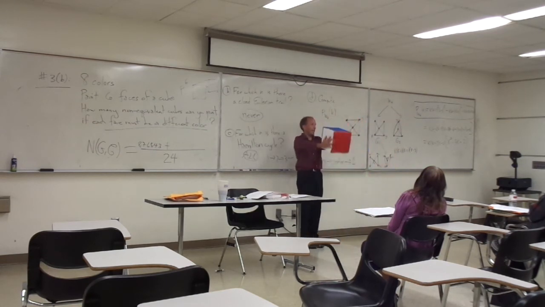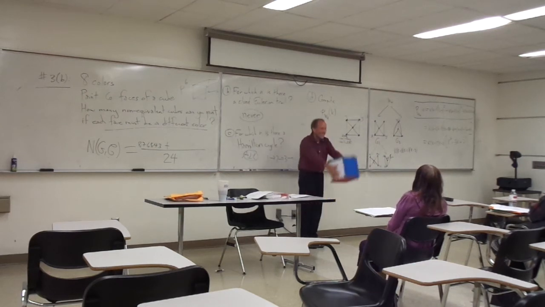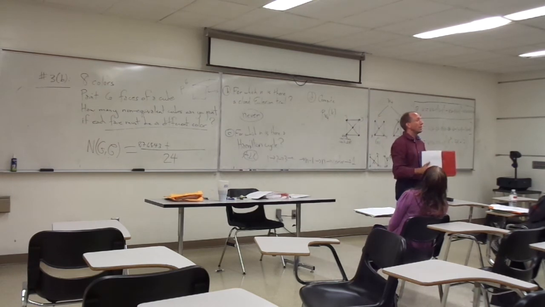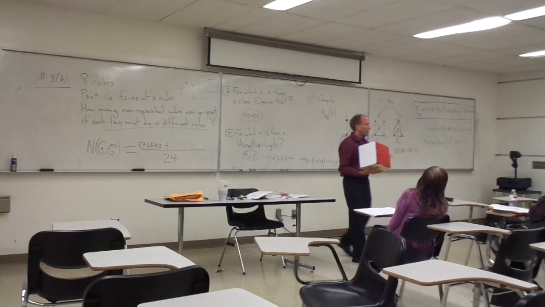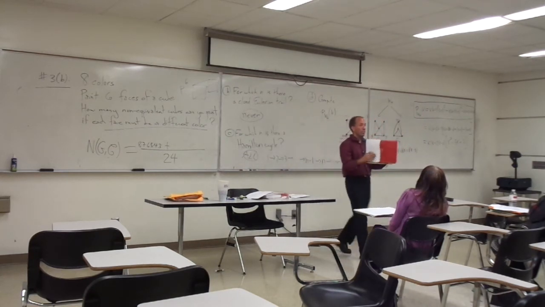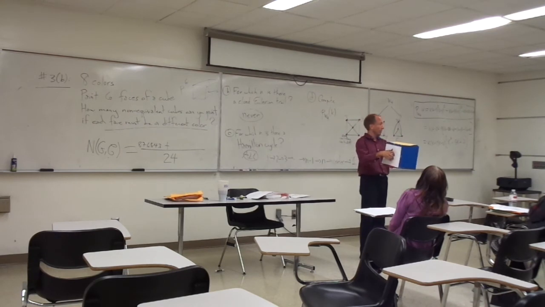So if I have this coloring like this, and I rotate it 90 degrees, is it still the same? The colors are the same, but they're in different positions. Is it the same exact coloring of the cube? It's not the same. It's equivalent. Whatever I did here is equivalent to this.